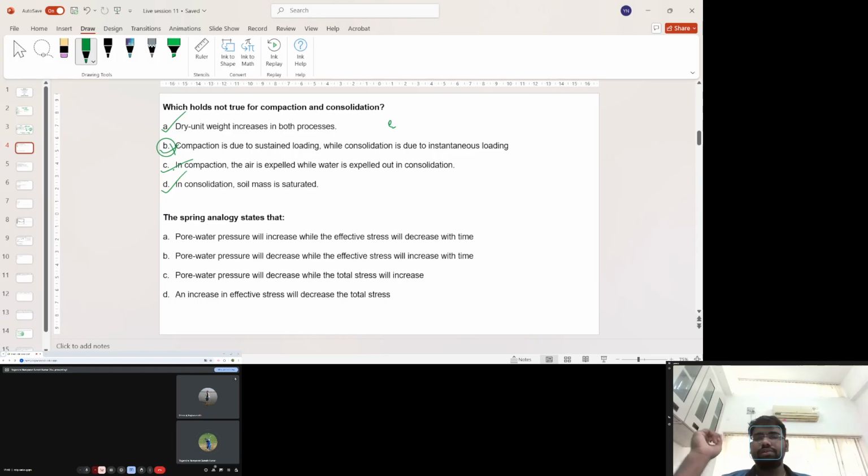Okay. So now let us come to what the spring analogy states. There is a container, and the entire soil mass will be converted into a spring that is placed in a water column.